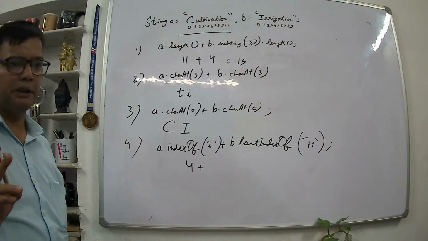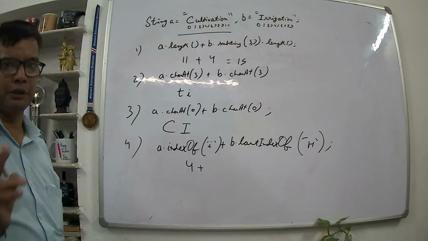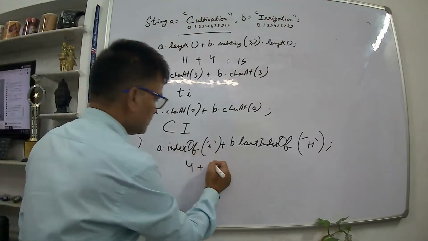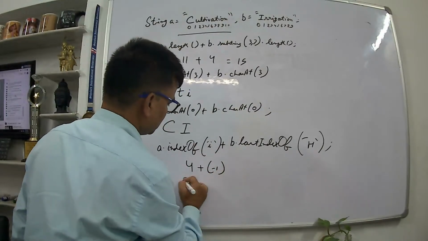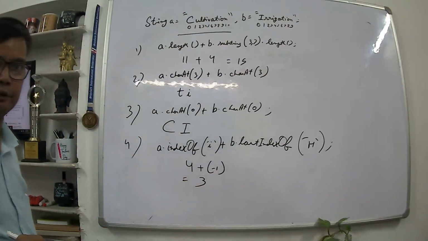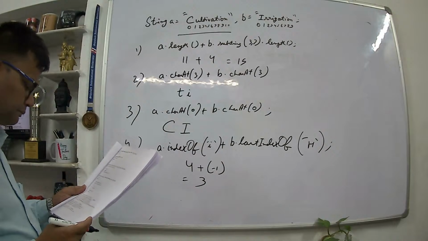In that case, whether it is indexOf or lastIndexOf, it will return -1. So it is 4 plus -1, so the result becomes 3. Okay?